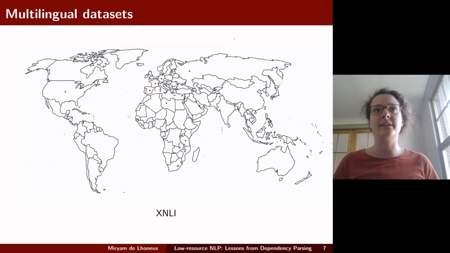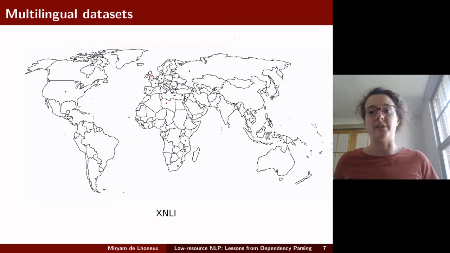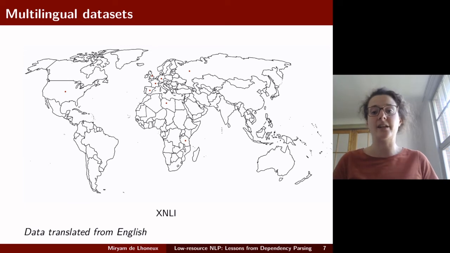And as we can see, this is clearly better than using only English, but it's not extremely typologically diverse. There is a few Indo-European languages and just one other. And an additional problem of this dataset is that it is actually translated from English and the annotation is ported to these other languages, which means that this is actually not data that is directly occurring in the languages, so it is clearly not ideal.